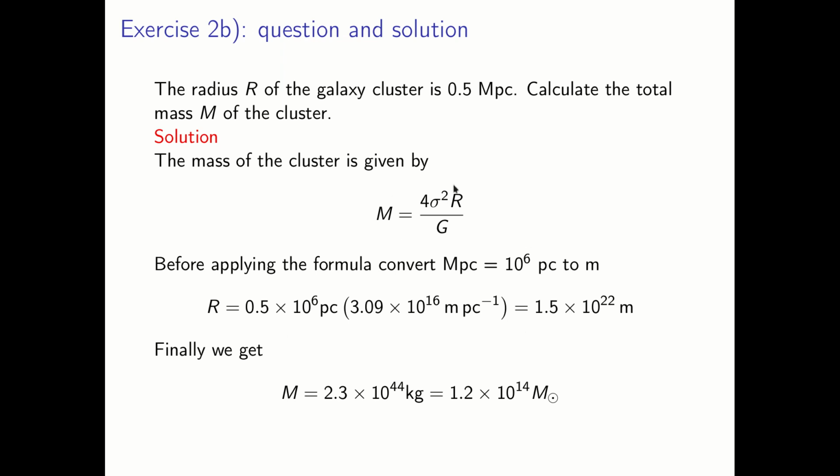Finally, we can apply the formula, and what we get is 2.3 times 10 to the 44 kilograms, which can be converted in solar masses just by dividing this value by the mass of the sun, which is roughly 2 times 10 to the 30 kilograms. And what we got in the end is 1.2 times 10 to the 14 solar masses.